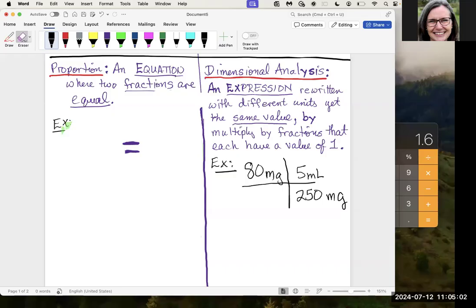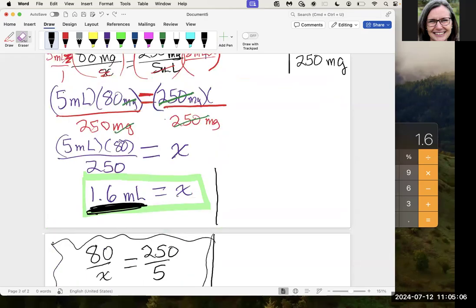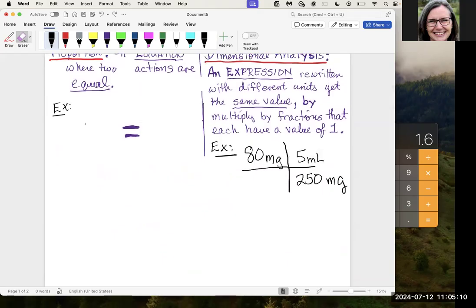All right, so what I have written here is that 80 milligrams is the same thing as 80 milligrams multiplied by 1. So if I have 80 milligrams and I write it as 80 milligrams divided by 1, it's still 80 milligrams.